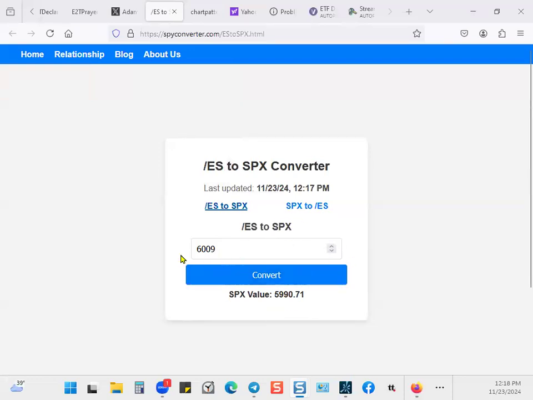But just to show you, the price point of 6009, when we originally had it on here, was 5984. It's been a week and some change. The SPX for that was 5990 when the ES was 5984, let's say a week ago, right? The distance between ES and SPX, you'll see it get smaller and smaller, the amounts in between.